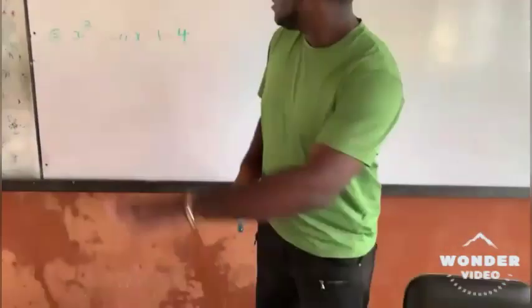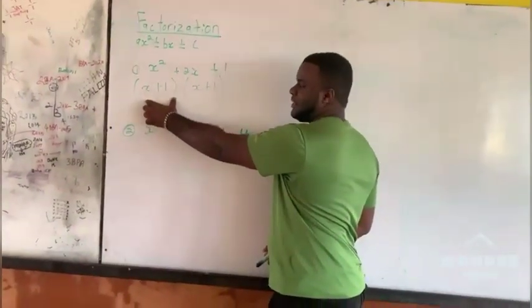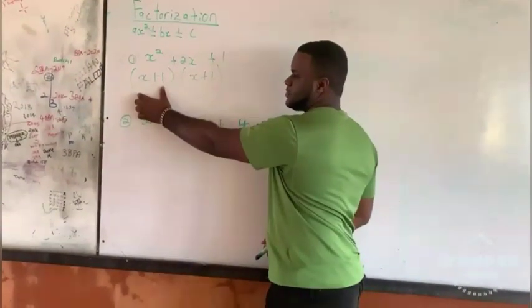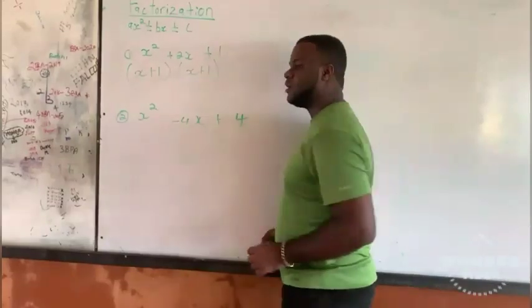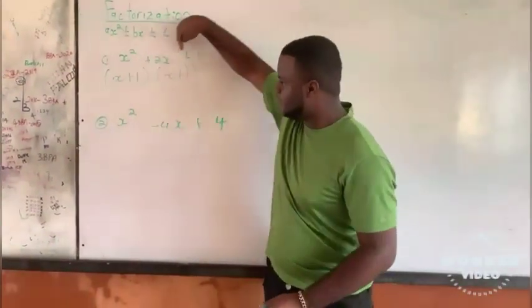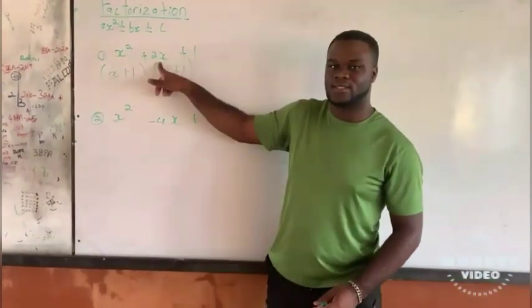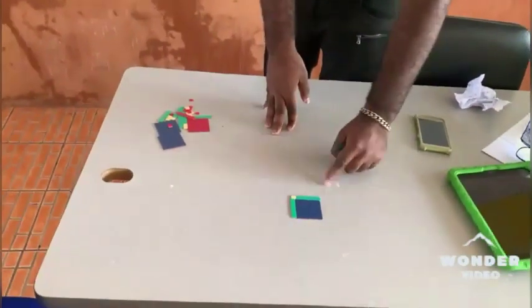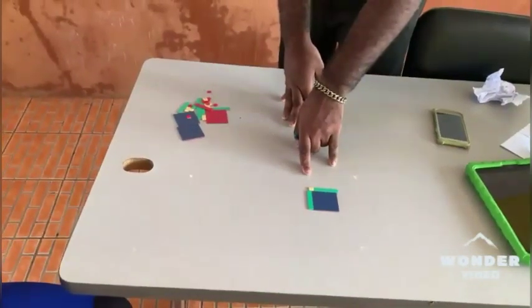Now, the length of one side of our square is x plus 1, and the length of the other side of our square is x plus 1. Note that the area of the square would be x squared plus 2x plus 1. So the area of my square here is x squared plus 2x plus 1.